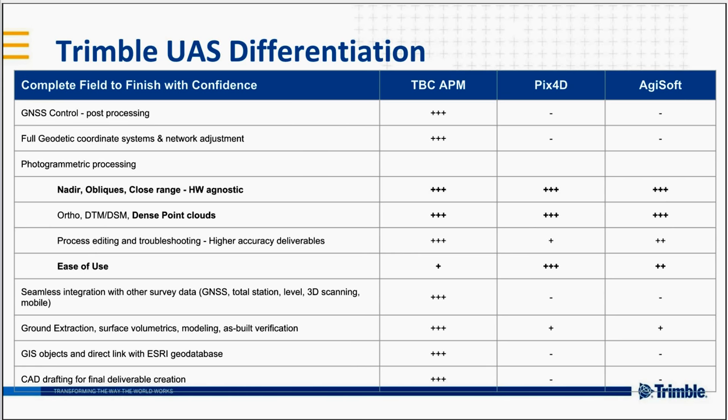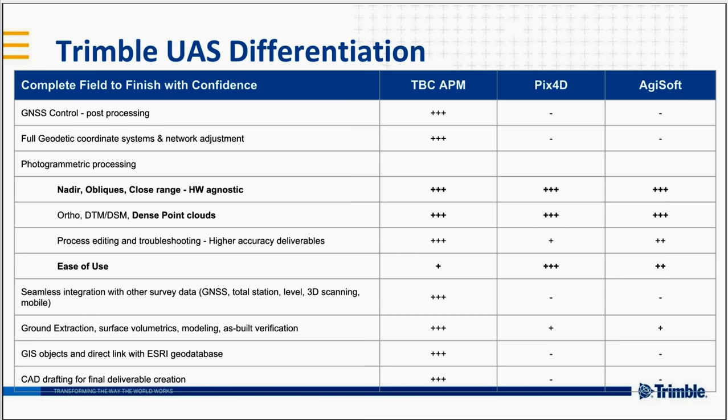But you can see that most of the advantages that we have result from the integrated workflow with the TBC aerial photogrammetry, especially some of the scanning enhancements that we've done with the ground extraction, point cloud classification, integrated SX10 and UAV workflows, as well as all the GIS interaction and drafting capability, and also, very important, the GNSS control.